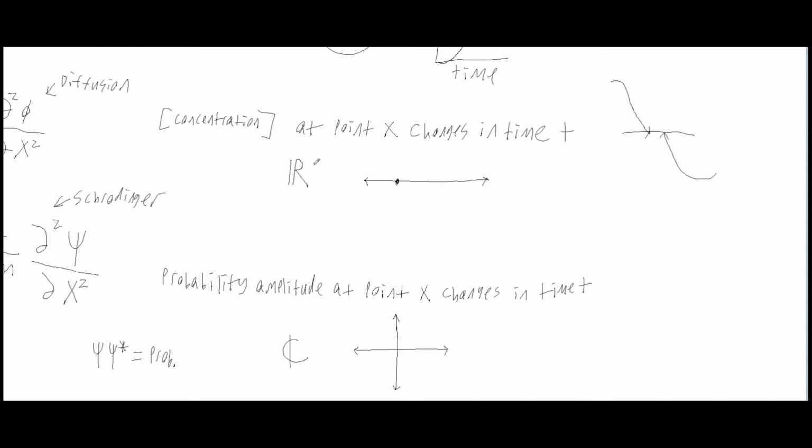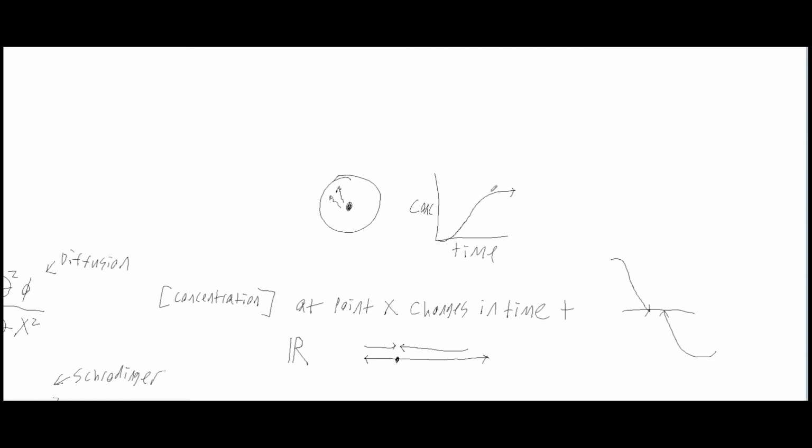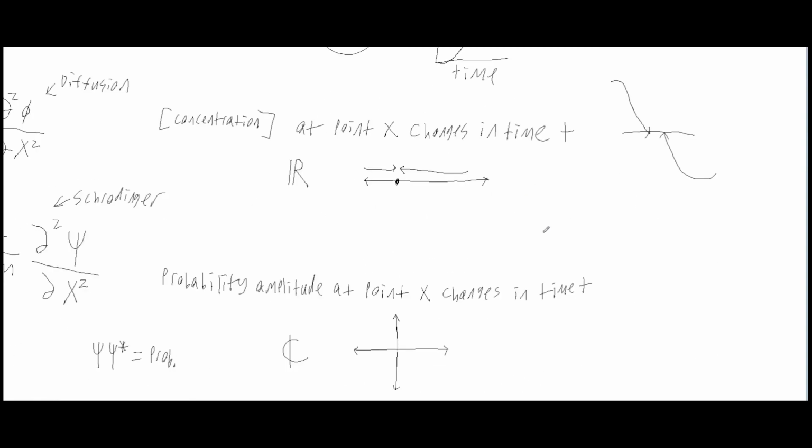So this is the real number line, and we can imagine that the units for it are concentration. If we start here, we're going to go down here. If we start low, we're going to go up to this concentration, which is what I represented up here.